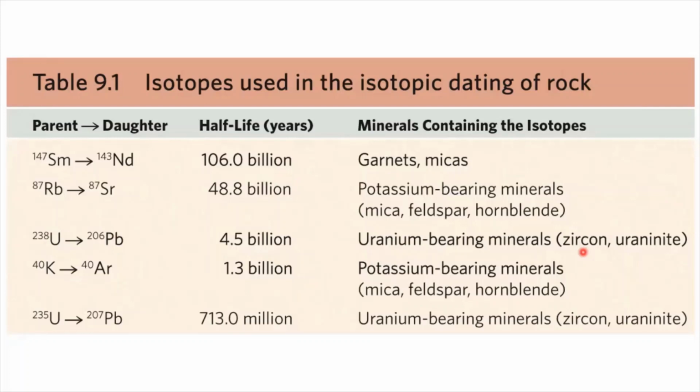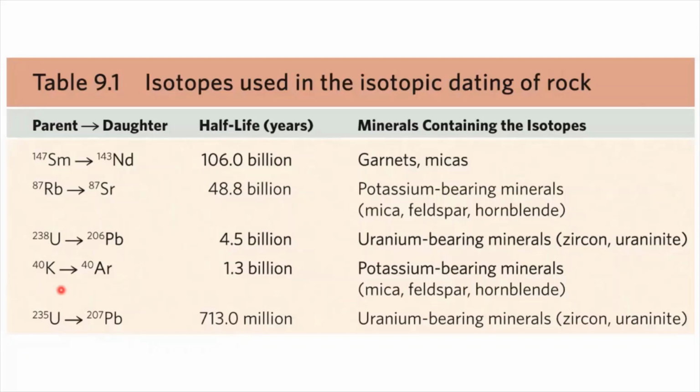They're also often found in sedimentary rocks from the pre-existing parent rocks. So these uranium-bearing minerals we're able to radiometrically date and obtain an age of those rocks. We can also use uranium-235, which decays down to lead-207, and it has a half-life of 713 million years.